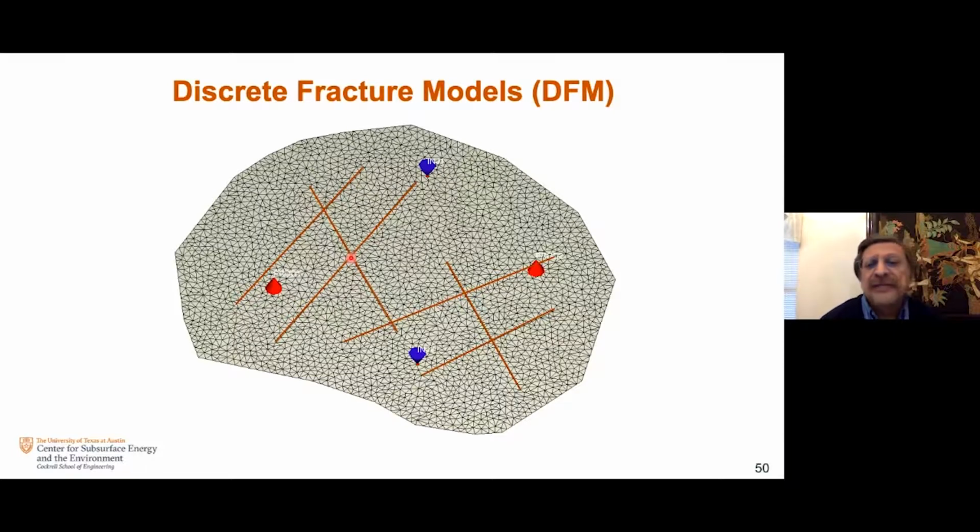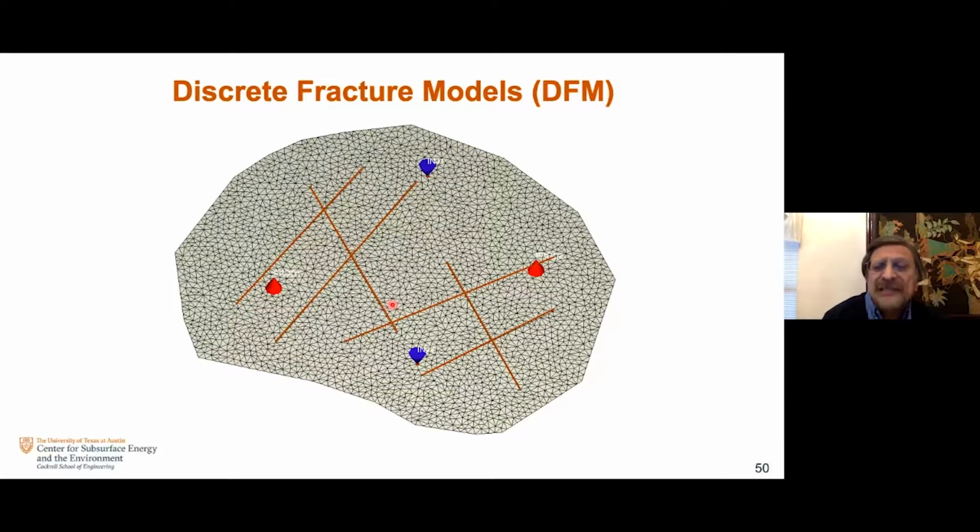The problem we're running into, once again, is that this becomes computationally very expensive, and modeling that becomes very difficult. And we are talking about grid blocks or elements that are very small next to elements that are much bigger.